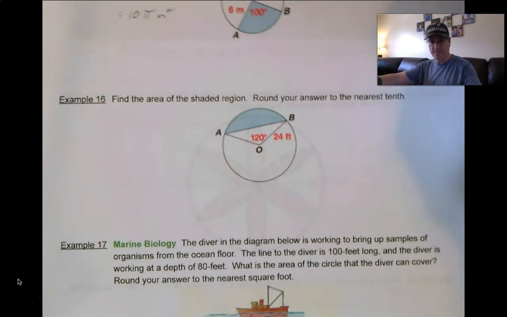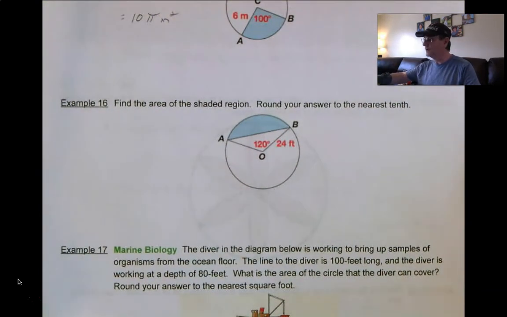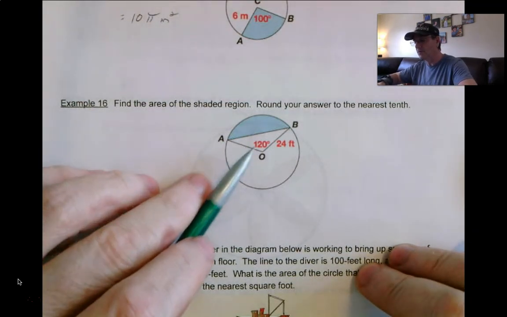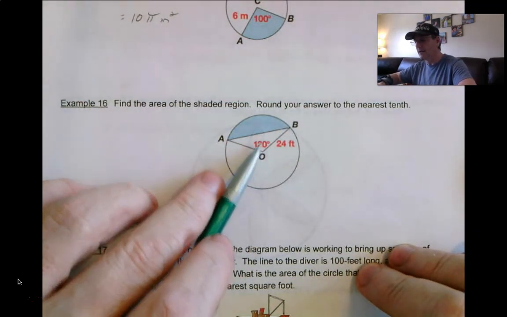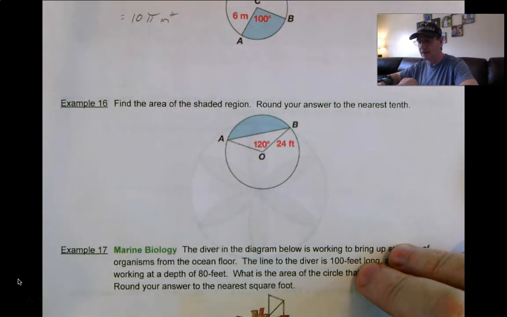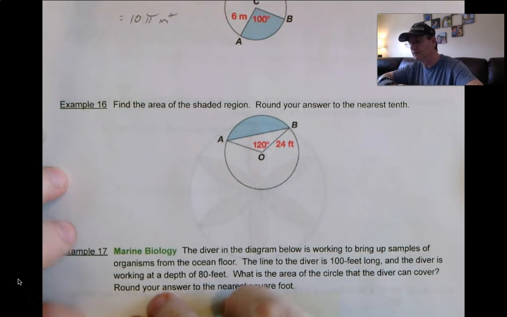Example 16. Again, we're finding the area of the shaded region. This time it's a segment of a circle. So we have to find the area of the sector, the area of the triangle, subtract the area of the triangle from the area of the sector, and we'll be left with the area of the segment of the circle.